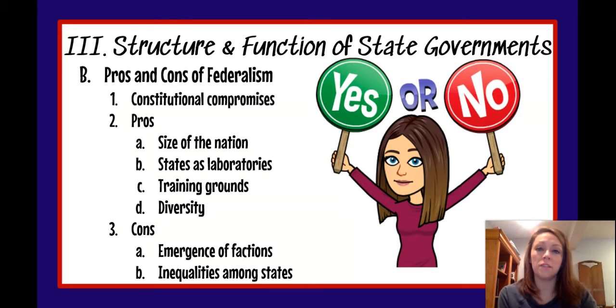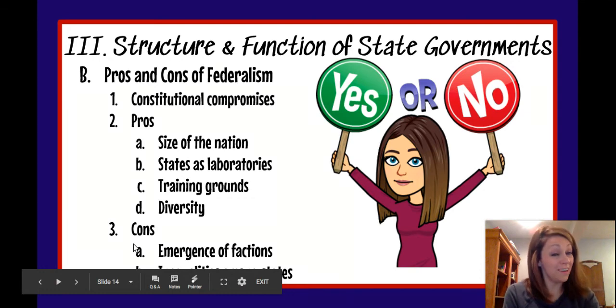And we also have diversity. We have a lot of different groups within our United States and a lot of different groups within each state. Because we have a federal system, instead of a unitary system where everything's governed by one entity, these more diverse groups are able to have their voices heard and make decisions. So it's just really cool.